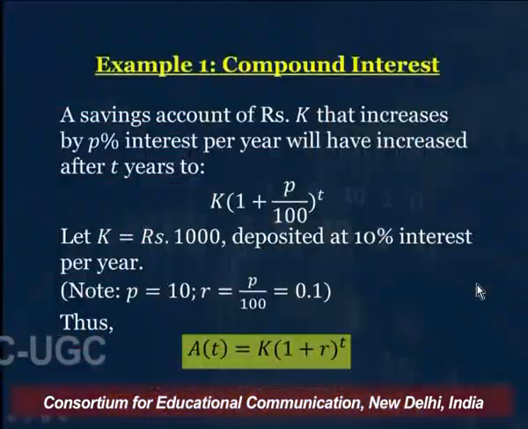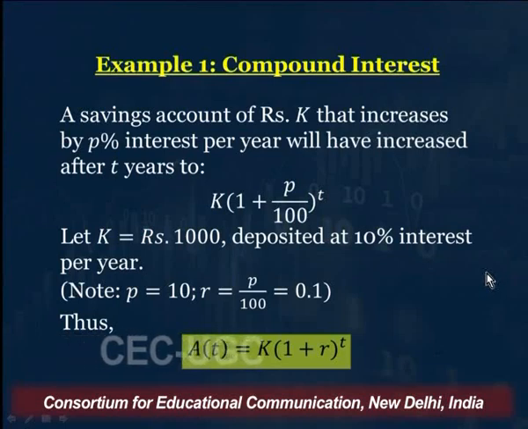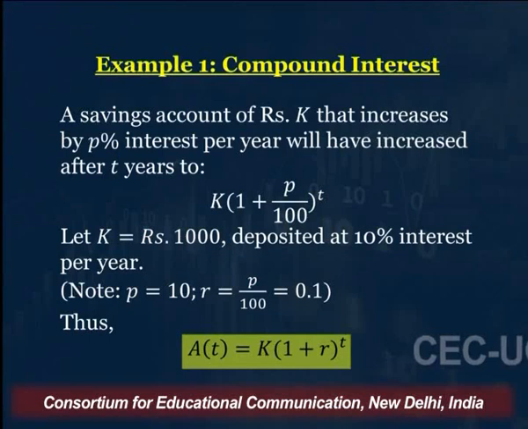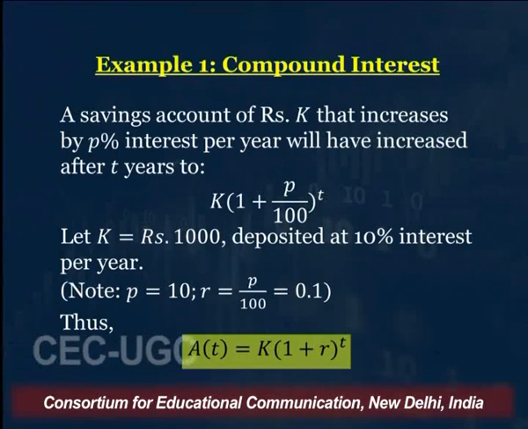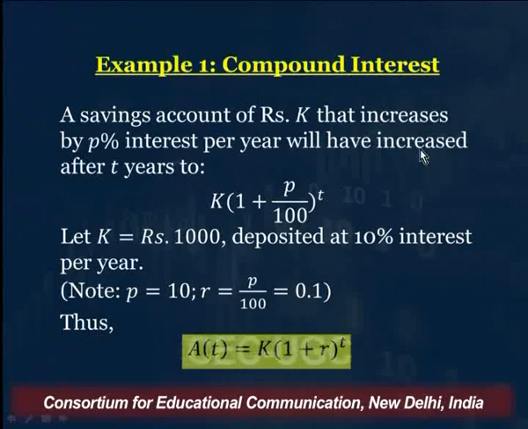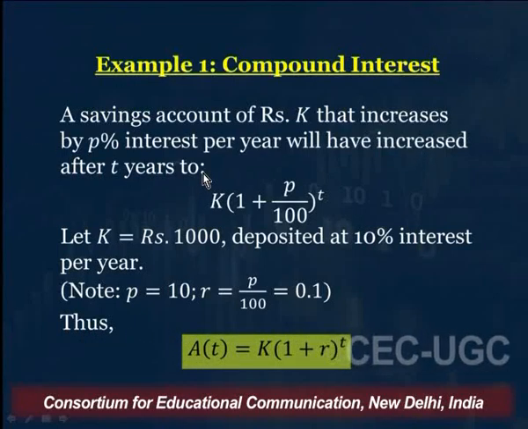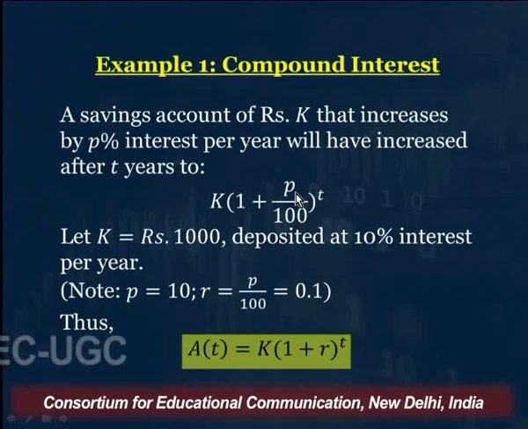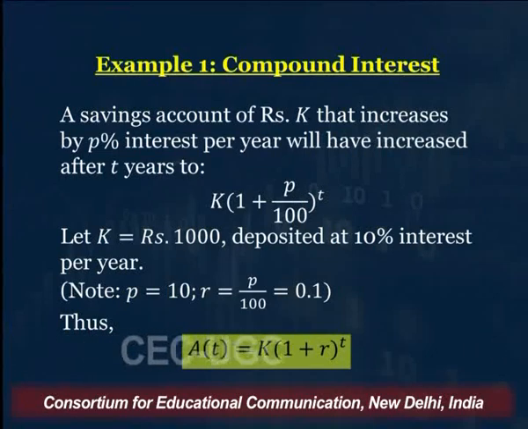The first application is that of compound interest, and the result that we have here is that a savings account of rupees K, let's suppose you put rupees K into your savings account, and the money increases by P% interest per year. This amount would have increased after T years to K times 1 plus P by 100 to the power T. Okay. So let's go ahead and prove this result.